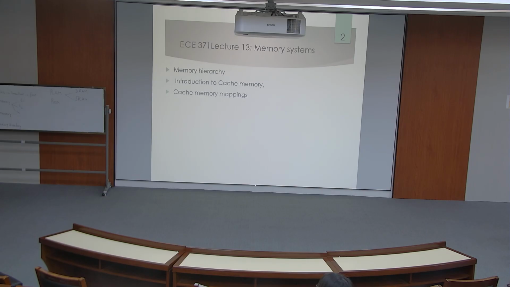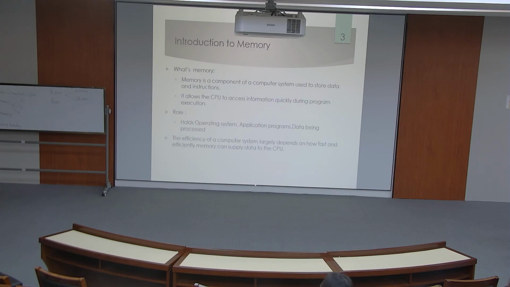If you still remember, we talked about memory. This is just a review. A memory is a very important component of a computer to store data and instructions. That means it allows access to information during program execution, during task execution.